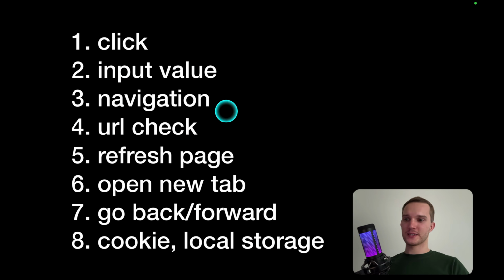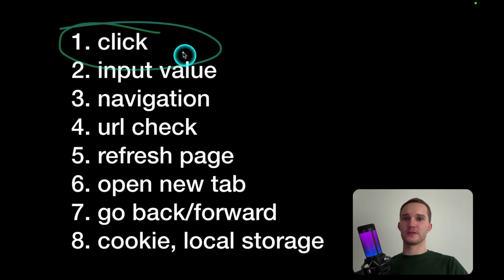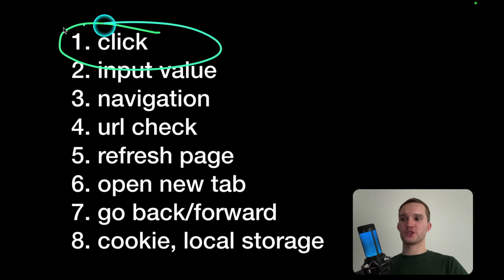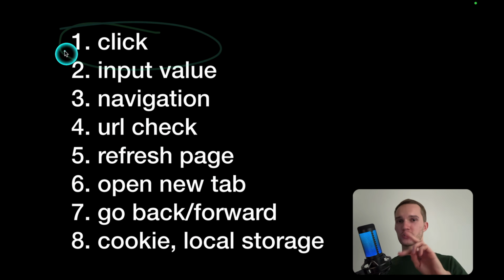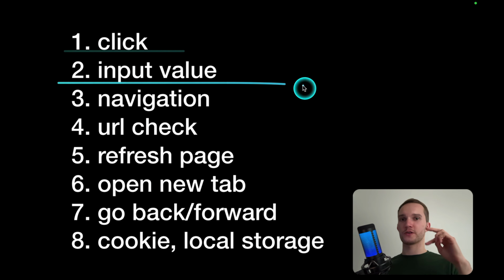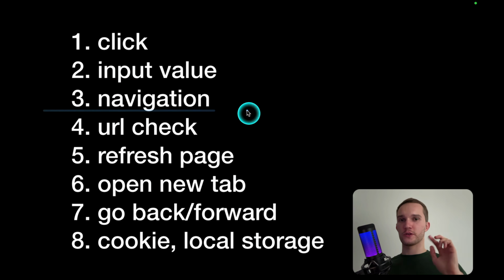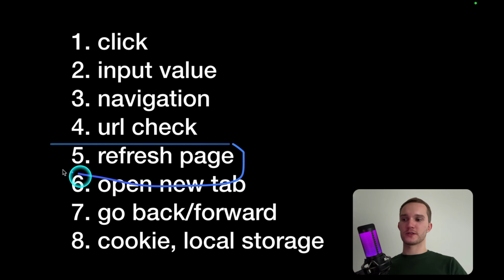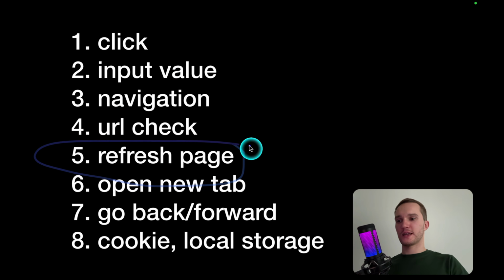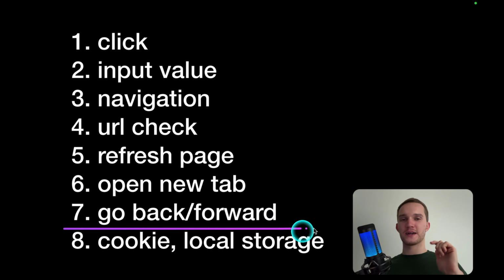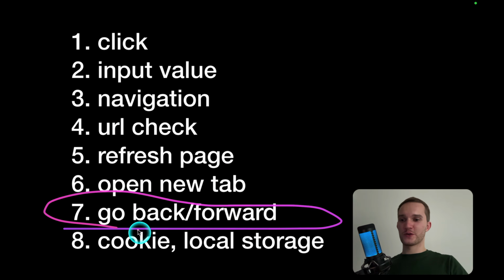We're done playing in console, and we learned how to do in JavaScript: how to click elements, how to change input values, how to navigate to another tab, how to change the URL of the current tab, how to refresh the page (you remember location.reload), how to open a new tab with a blank parameter, how to go forward and back with window.history.back and forward, how to work with cookies and local storage.